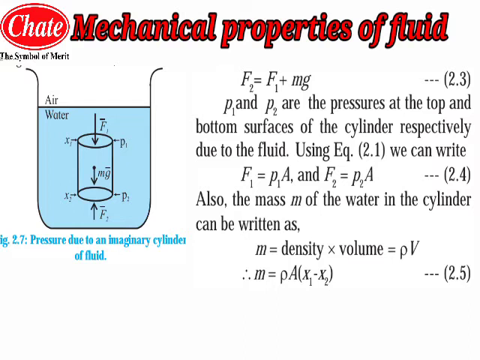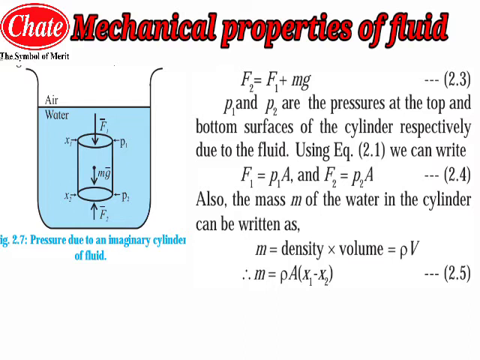Now F1 will be P1 into A, which we derived from the formula pressure is equal to force upon area, with some rearrangement. Similarly we find the value of F2, and then we put these values into the original equation.